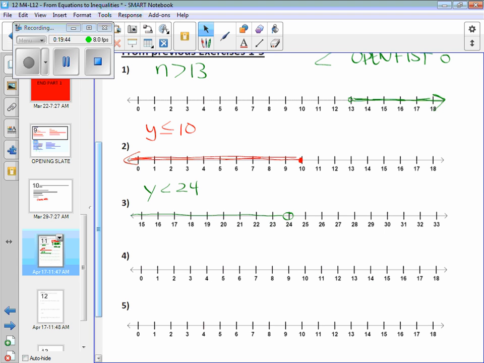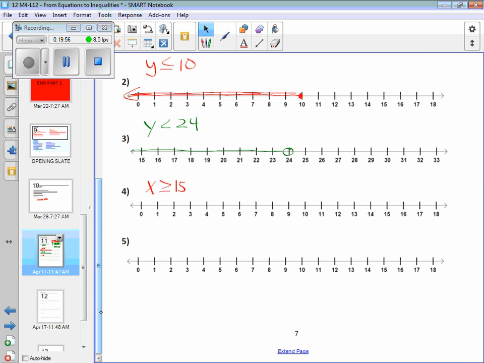She's got it. Okay? Somebody to come up and do number 4? Number 4 should have been x is greater than or equal to 15. It's going to be the last one for the blog. Open or closed at 15?